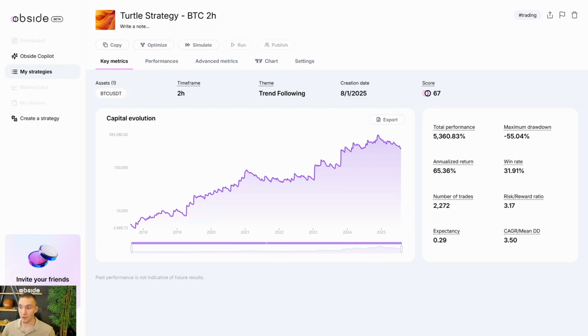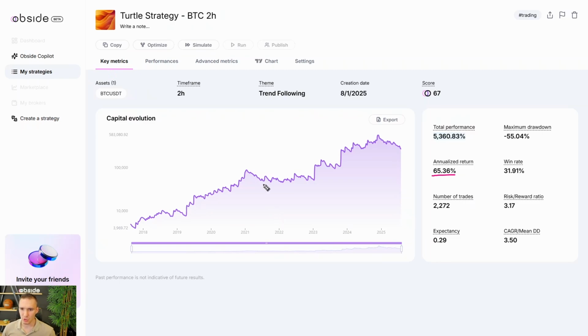All right, here are the backtest results, and what we can see is that they're not bad at all. Historically, the strategy has brought in a 5,300% return with an annualized return of 65% on Bitcoin. So as I said, it helps a lot that Bitcoin has been pretty trendy.